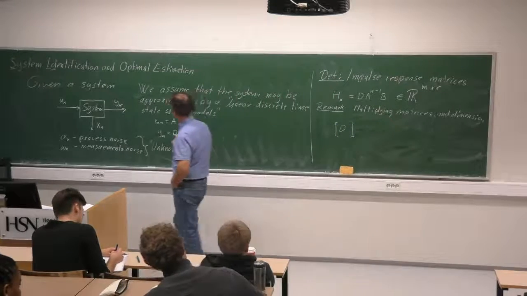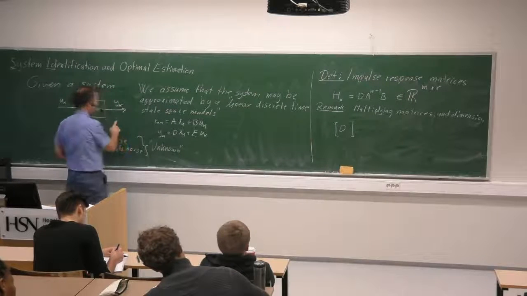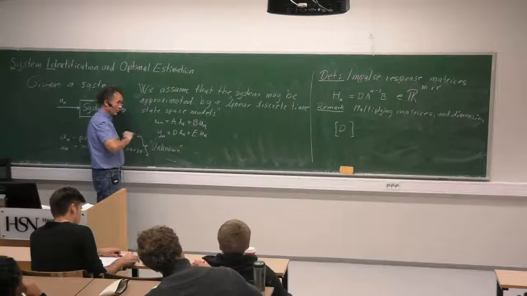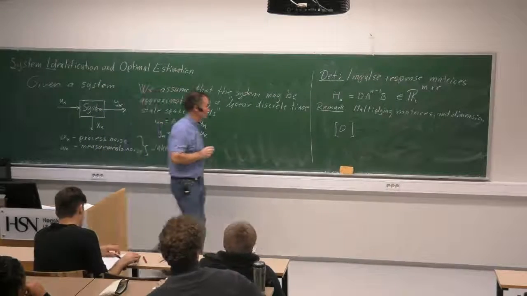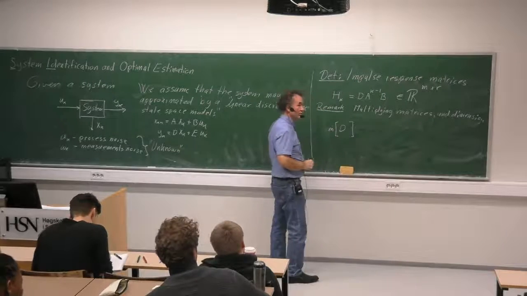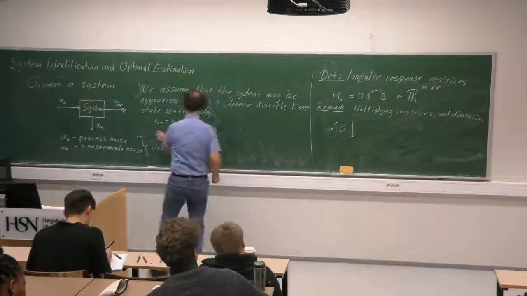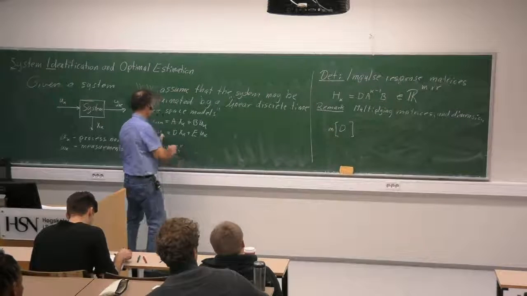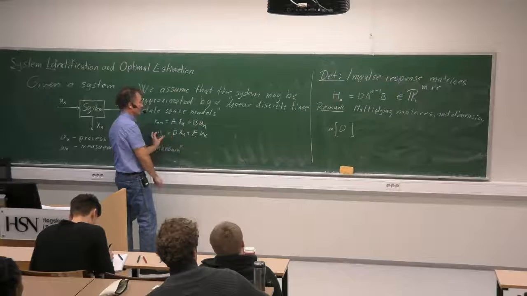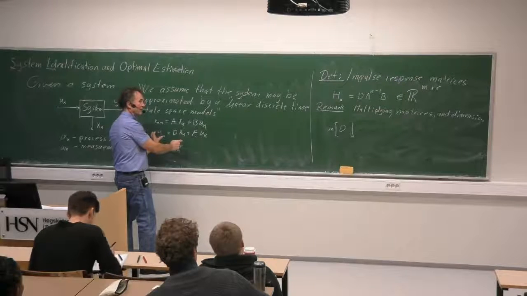Now I defined y as a vector with m rows. So this one, you will have m rows in D also. So if this is a vector with m rows, then this one will also be a vector with m rows. x is a vector with n elements.